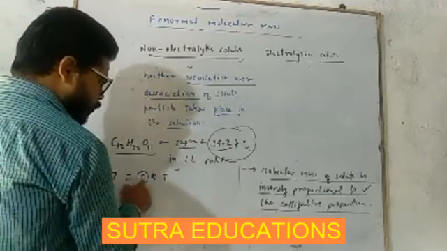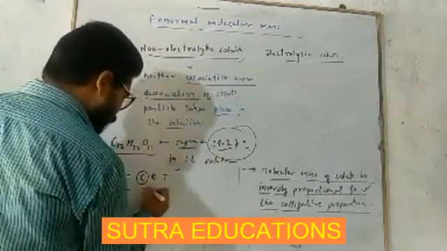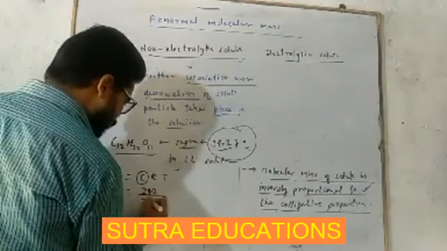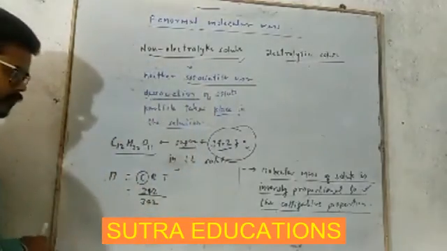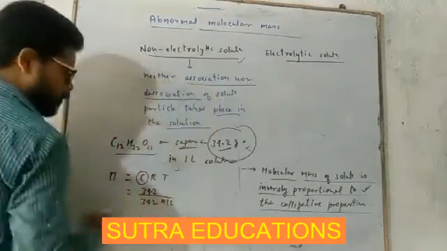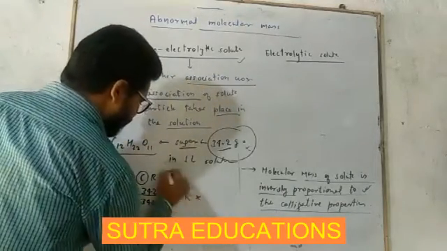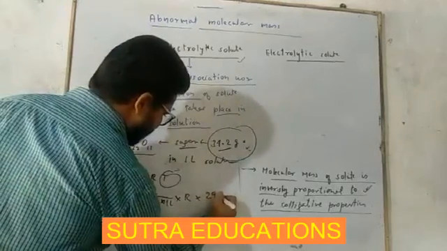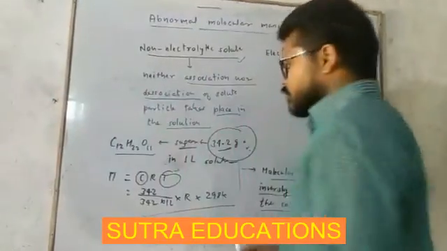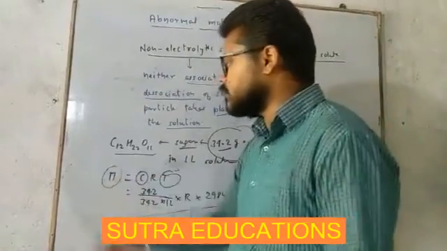So number of moles will be 34.2 upon 342, its molar mass, into 1 liter, into R, and say temperature is room temperature, 298 Kelvin. So from this we can find out the osmotic pressure pi.